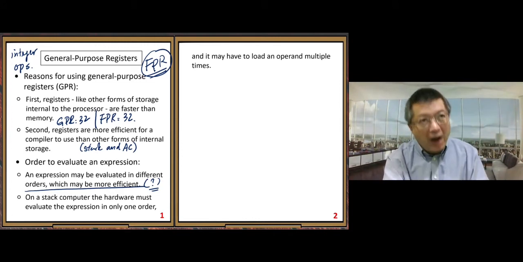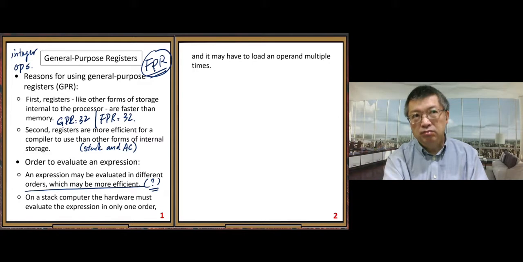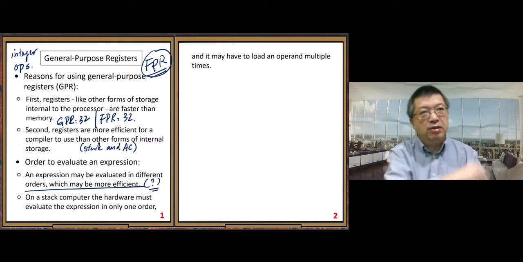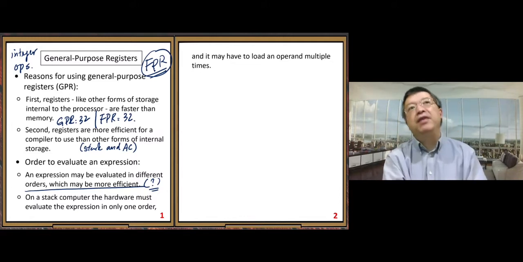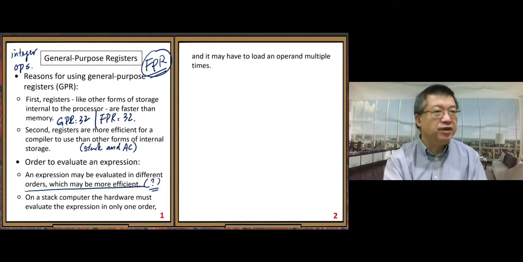So that restriction does not help you take advantage of instruction level parallelism to make your execution as fast as possible. Why? Because we need more background to understand that. Here, I just give you the answer first.